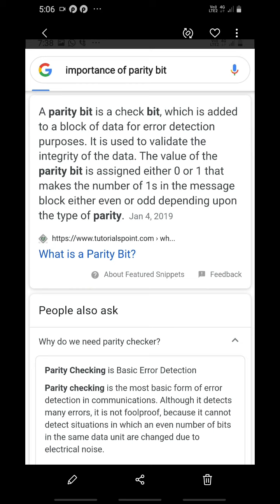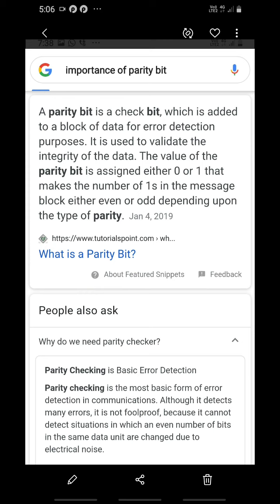Consider the following two characters and their even and odd parity. ASCII is 1000001 and their even parity is 01000001 and their odd parity 11000001.